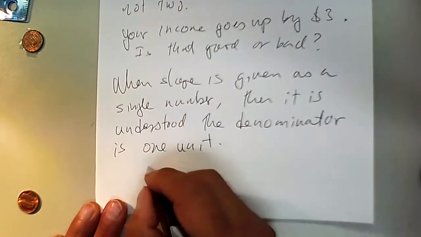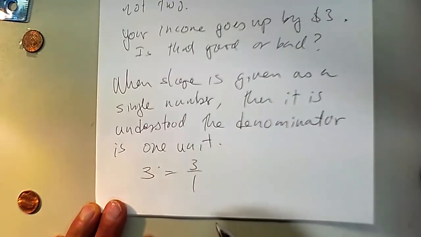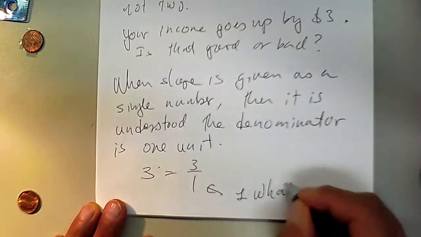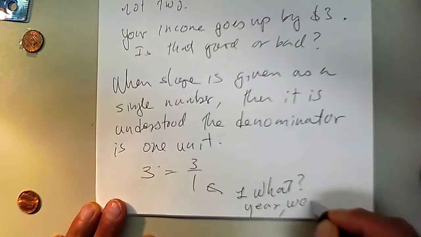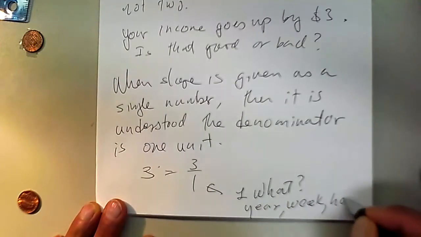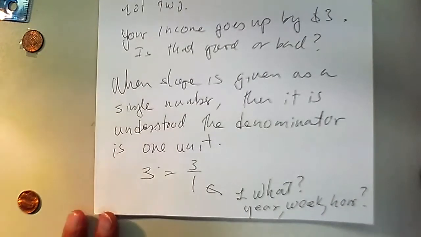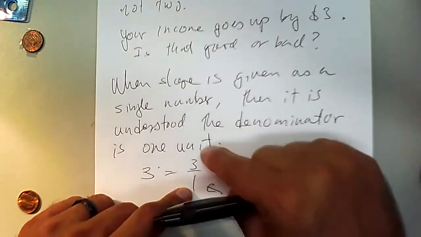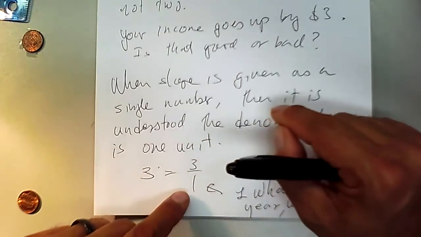Somebody could say, well, 3 is really 3 over 1, and somebody could argue, well, 1 what? 1 year, week, hour, day, month? It is implicit that there is a set of units already involved in this picture.